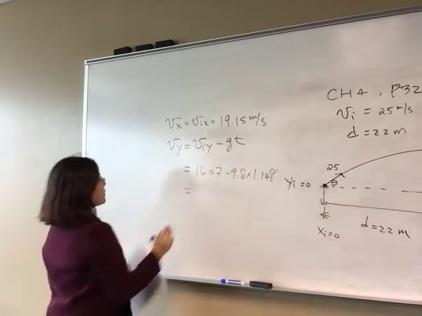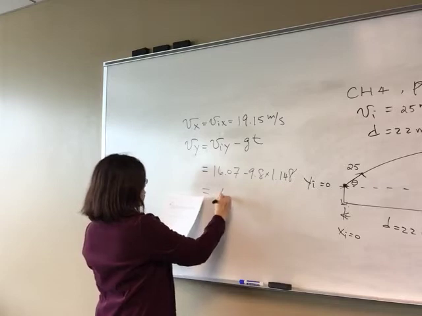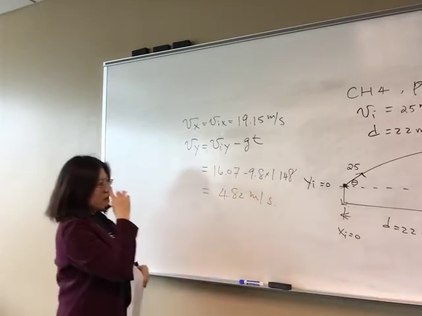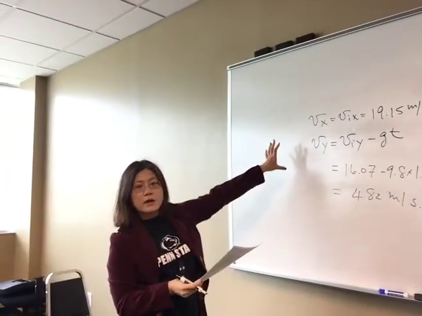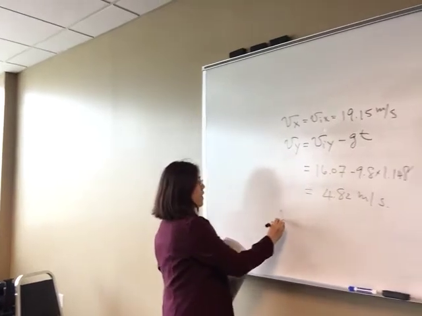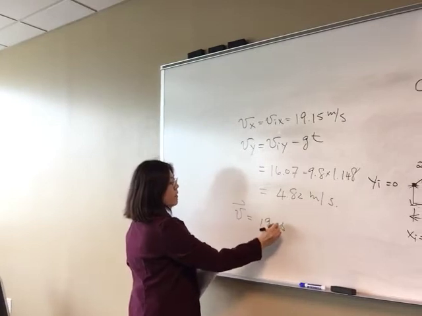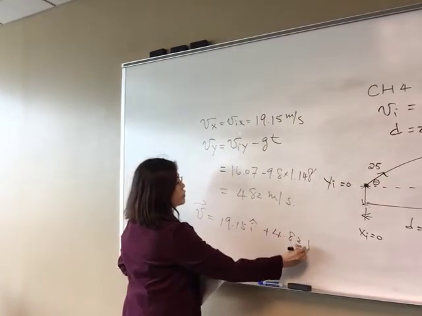After you've done this, you should get 4.82 meters per second. Okay, so once you have that, you can express the vector in unit vector notation. So the final velocity is equal to 19.15 i hat plus 4.82 j hat.